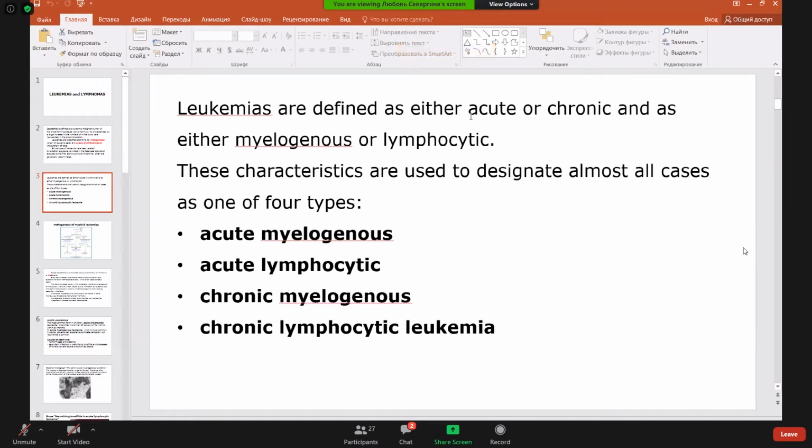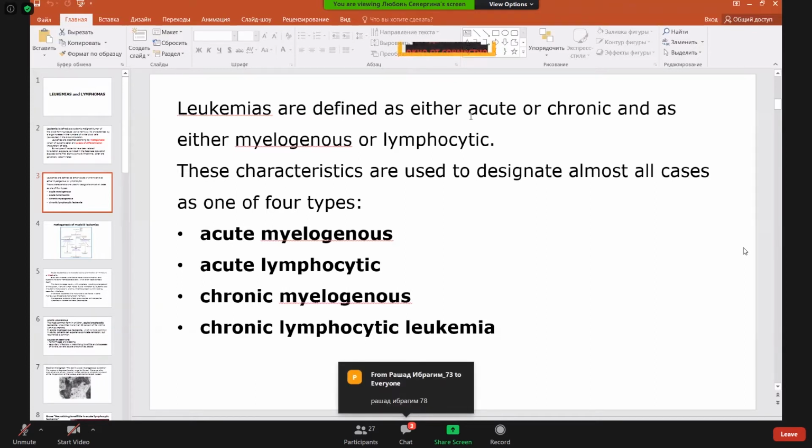They are not so aggressive, and patients with chronic leukemias usually have long remission phases alternating with progression. And according to histogenesis, leukemias can be classified into myelogenous and lymphocytic types.